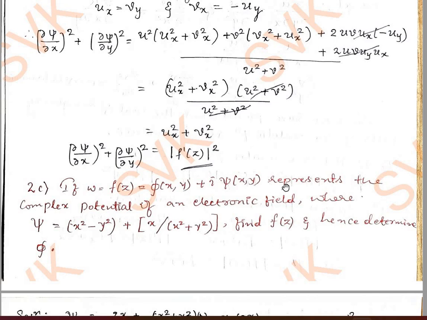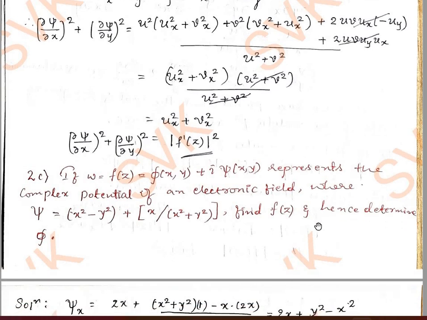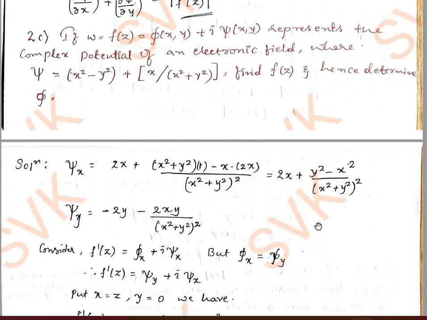If w equal to f of z is equal to phi of x comma y plus i into psi of x comma y represents the complex potential of an electric field where psi is equal to x square minus y square plus x by x square plus y square, find f of z and hence determine phi. So consider the given function psi, differentiate psi partially with respect to x and y.